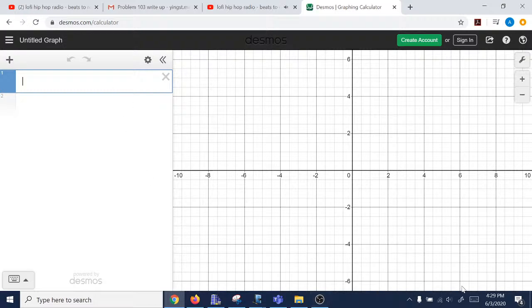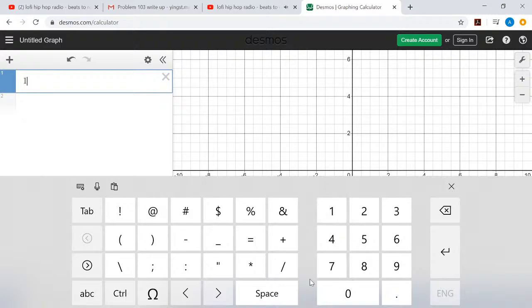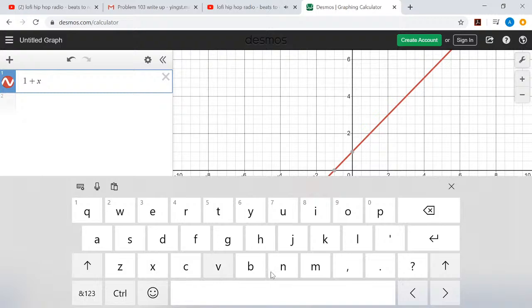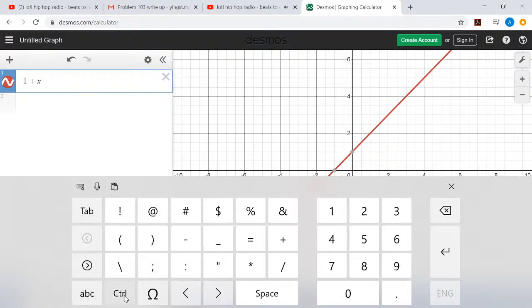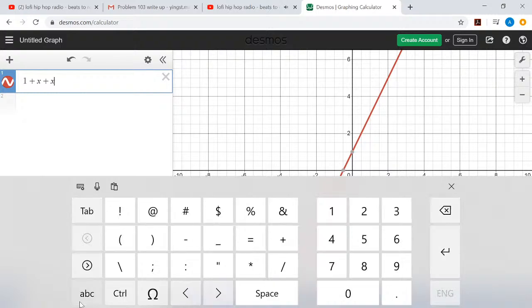What's our function? Our function is 1 plus x. I can't type in all infinitely many terms, but I can type in a bunch of terms and see what it looks like. X... Where's the caret?